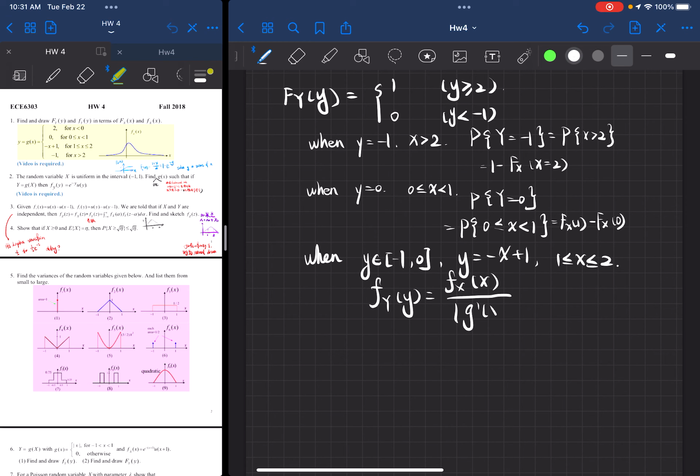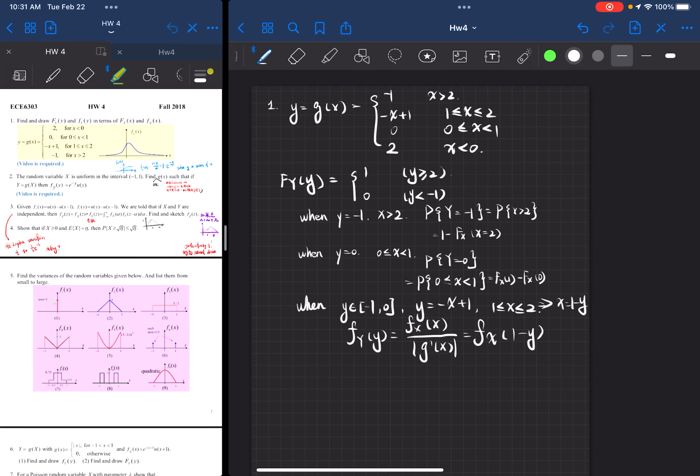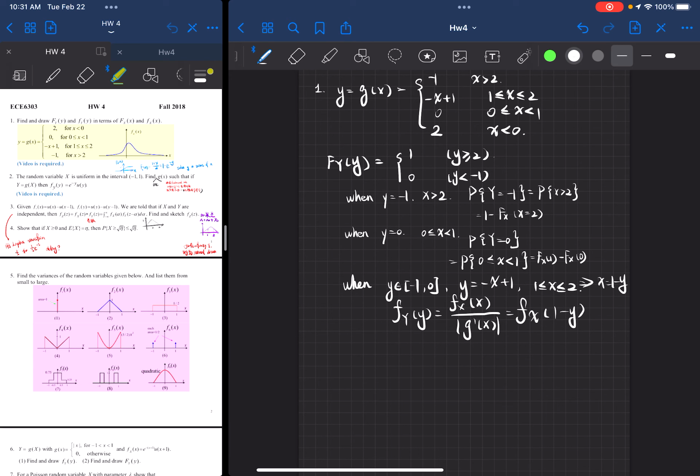So we can directly put in the value. Here x equals 1 minus y, so we got the density function of y equals the density function of x at the value 1 minus y.